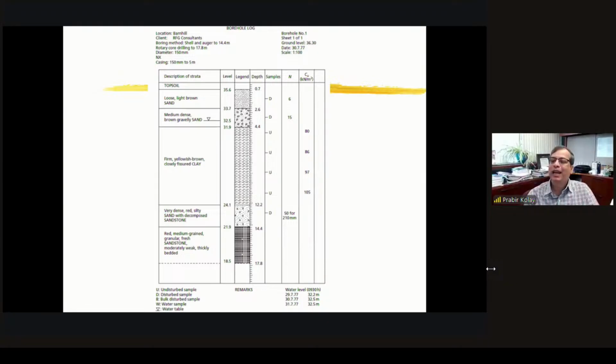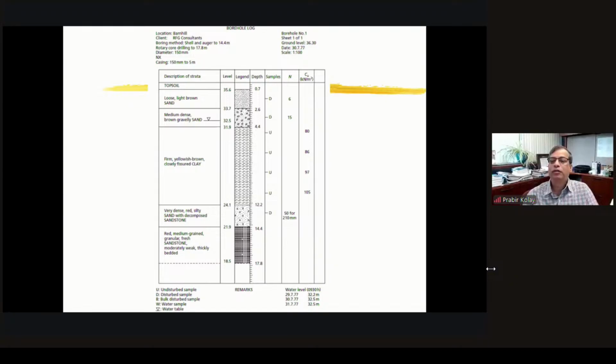So most of the time, people use the SPT value, and for any geotechnical engineering design, we need to know how much the cohesion or angle of internal friction of the material is. Okay, for any design. So now the thing is, you have only this borehole and SPT data, nothing else.